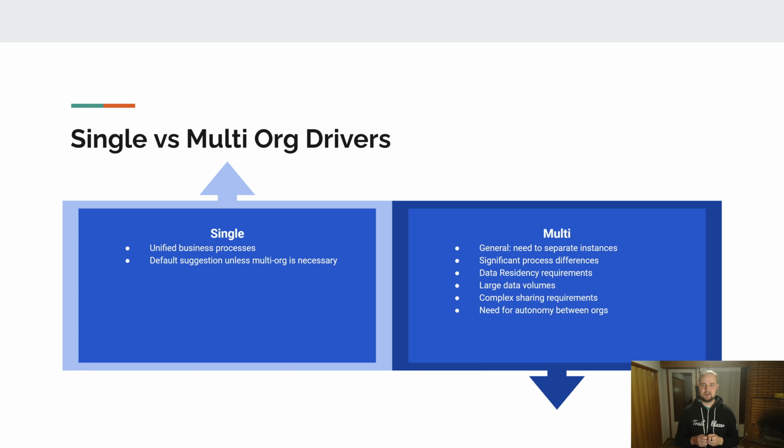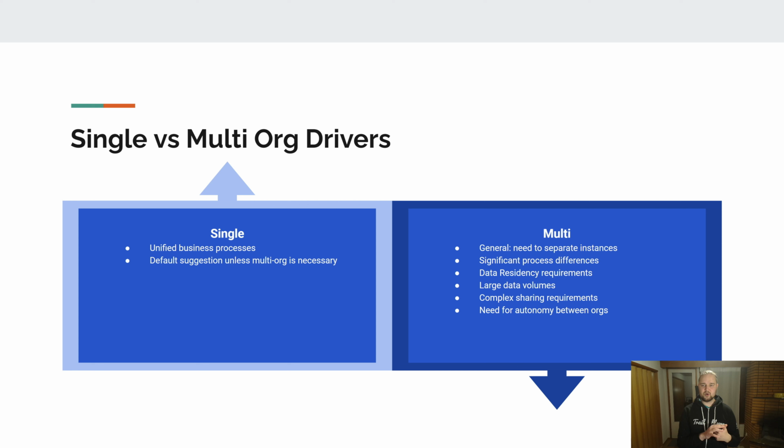Multi-org, on the other hand, is better if we have some need to separate our instances. An example of that is if we have significant deviations in our business processes. Let's say that we have operations in one geography and operations in another geography.